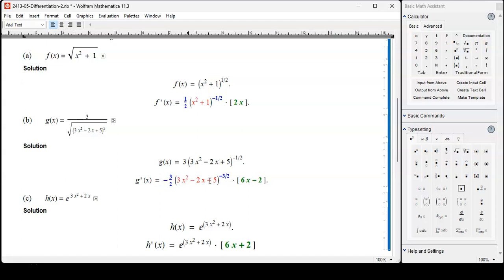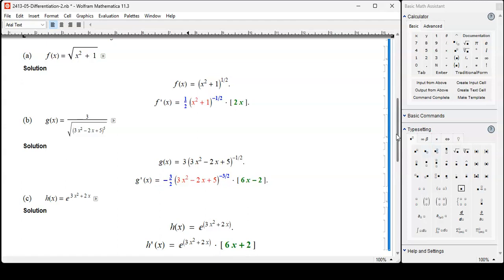Step 2, no change. Step 3, chain. Now in this case, step 1 and step 2 take place together at the same time because it's an exponential function, so no change. Inside, again, no change, just copying and pasting. And then the chain part, the derivative of the inside.